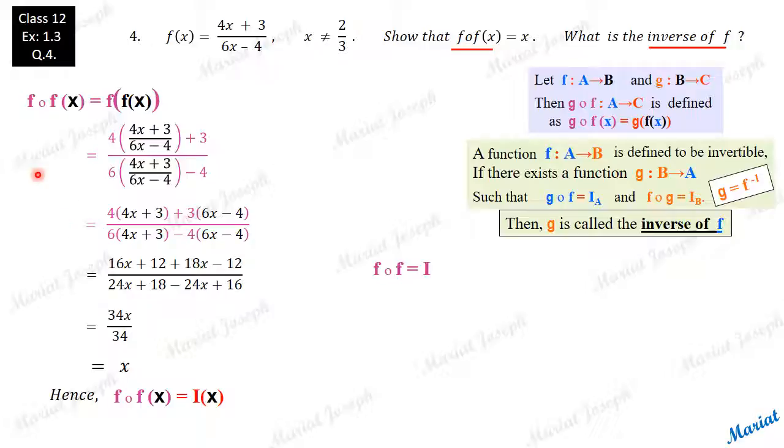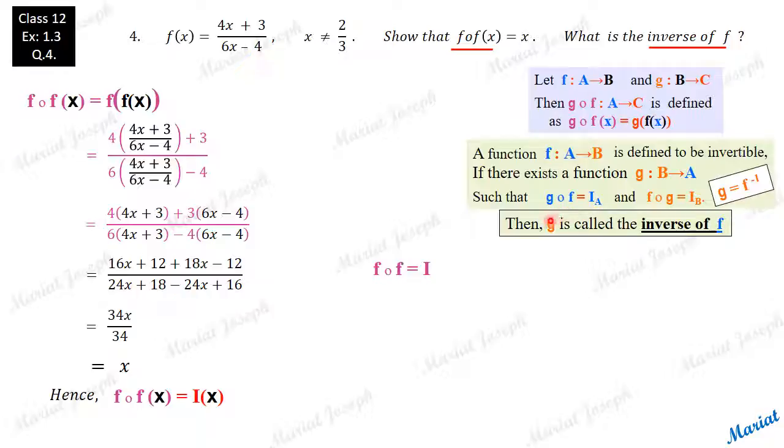Look here, this f∘f(x) is equal to x itself we got means this f∘f is the identity function. Any element's image is the same, which is the definition of the identity function. So we have got f∘f is the identity function. Now compare it with this new definition of inverse. g∘f should be identity.